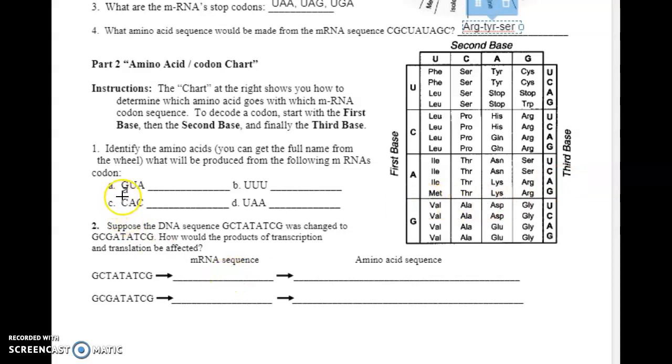So to begin with, we have GUA. So our first letter is G, so we're going to be in here. U is our second letter, so that narrows it down to just this box right here. And they're all valine, but for our third one, A comes straight across, so it will be this specific one right here. So G to U to A comes right there, valine.